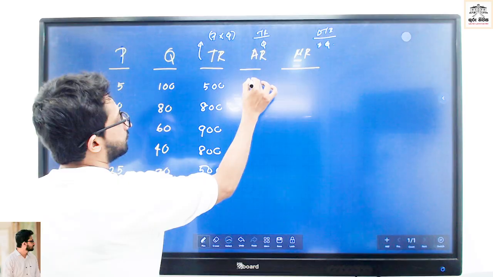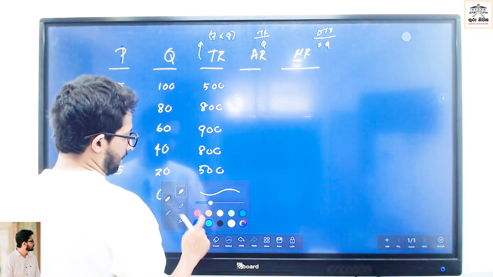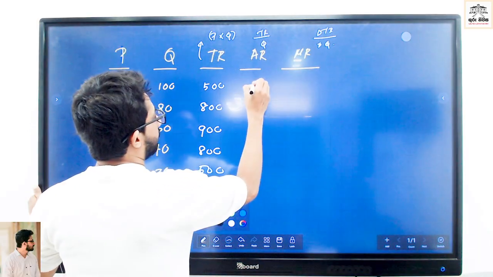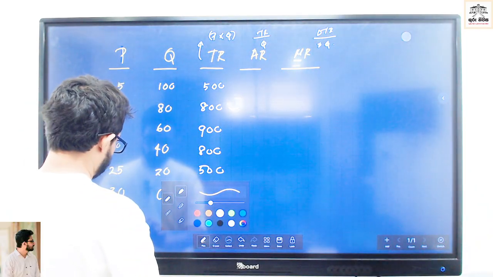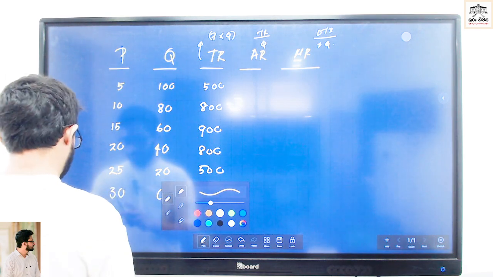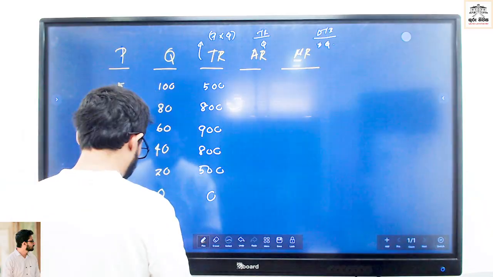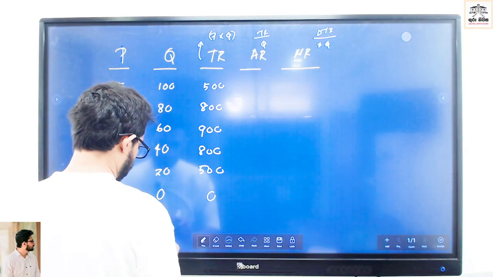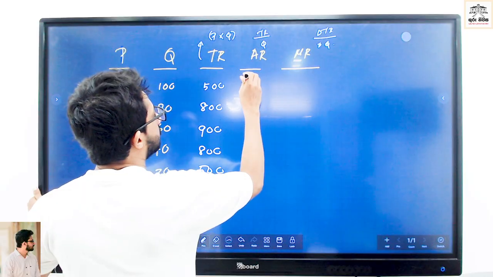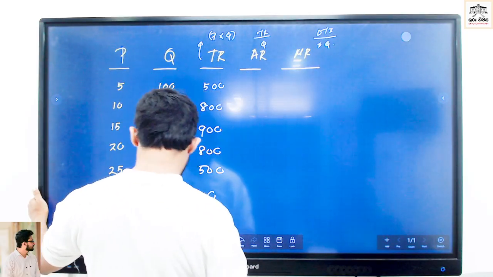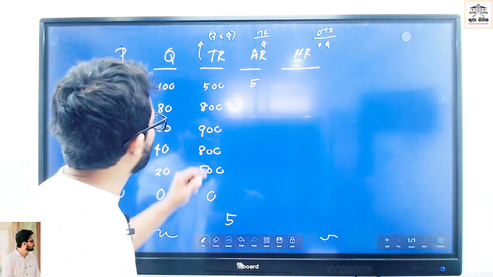It means the answer is 5. Right? Answer is 5.